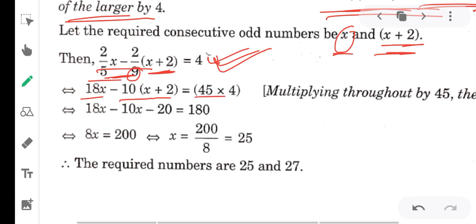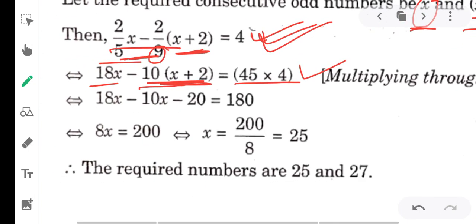Clear? So 45 into 4. Up to this clear? Next, now multiply minus 10 with x plus 2. So minus 10 into x, that is minus 10x. Then minus 10 into 2, that is minus 20. So 18x minus 10x minus 20 equals 180.